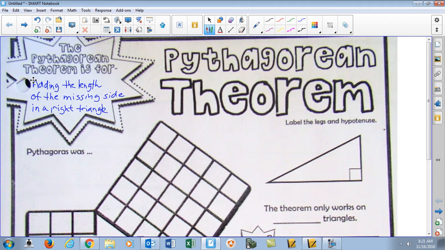So we use the Pythagorean Theorem to find the missing side. I'm sorry, that shouldn't be adding, it got hole punched. It's finding the missing side. So erase adding. It's finding. Okay. Finding the length of a missing side in a right triangle.